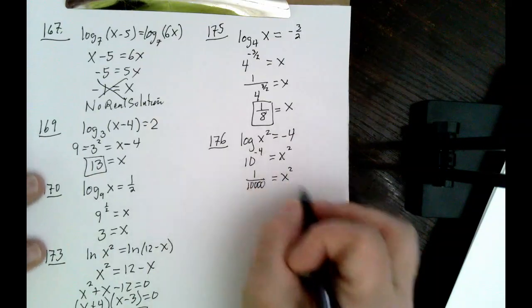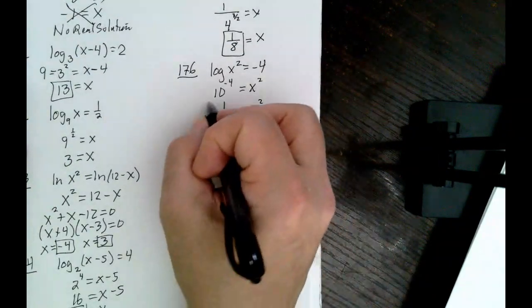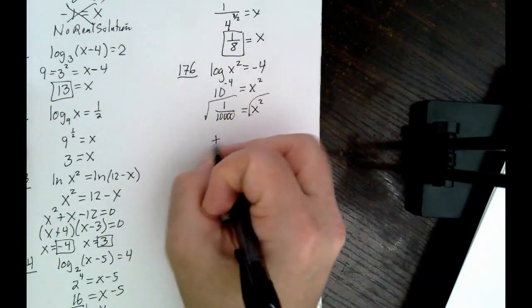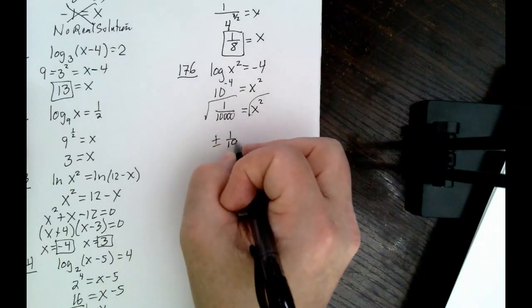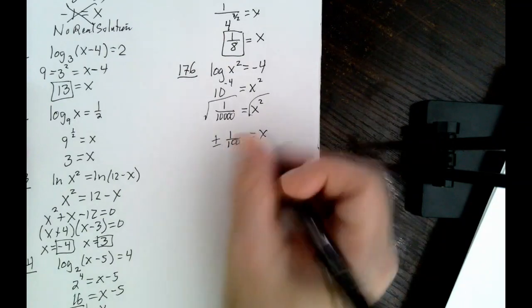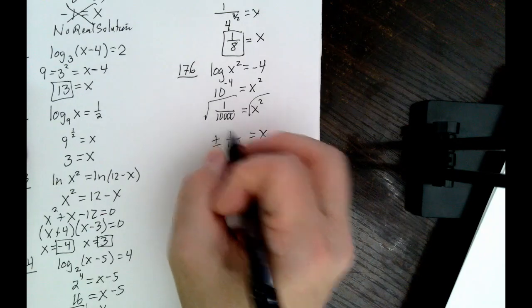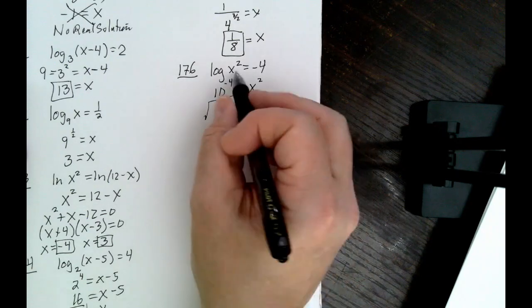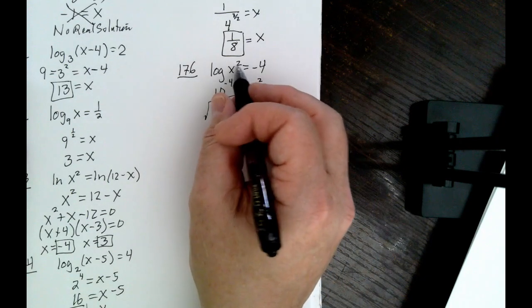When you take the square root of both sides, you get plus or minus 1 over 100. And both answers are acceptable because when you plug a negative or a positive in there and square it, it's positive.